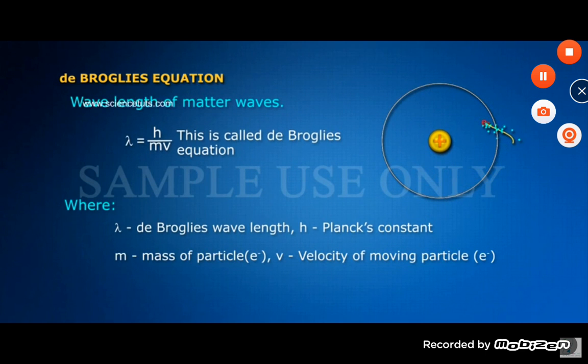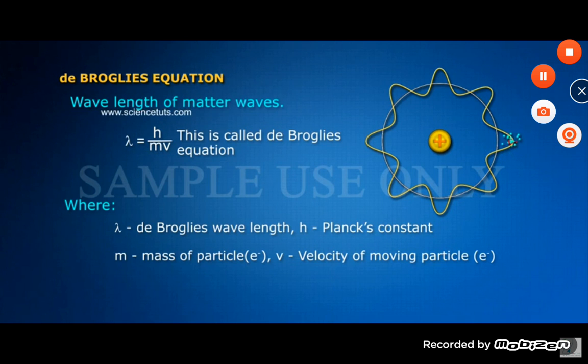Wavelength of matter waves: lambda is equal to h by mv. This is called de Broglie equation, where lambda is de Broglie's wavelength, h is Planck's constant, m is mass of particle (electron), v is velocity of moving particle (electron).